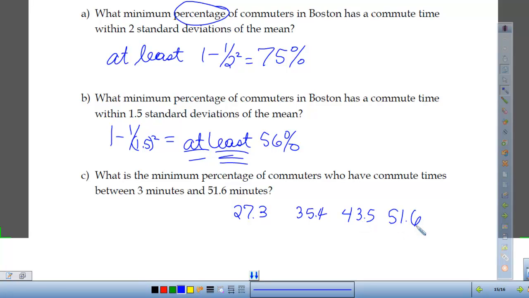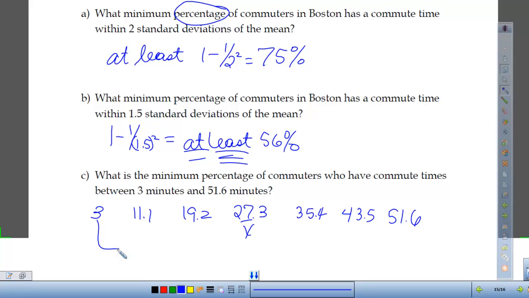So far we've gone up how many standard deviations? 3, right? This was the mean. So we've gone up 3. We're probably going to go down 3 too, but let's just check to be sure. 27.3 minus 8.1 would give me 19.2, minus 8.1 I got 11.1, and 3.